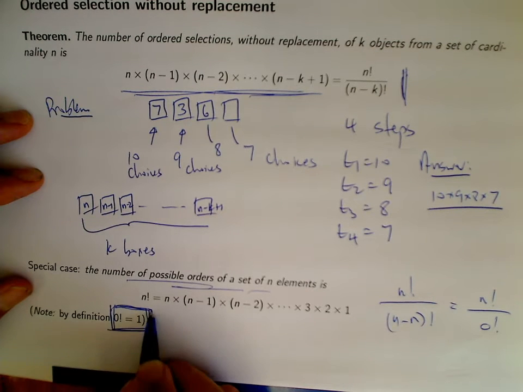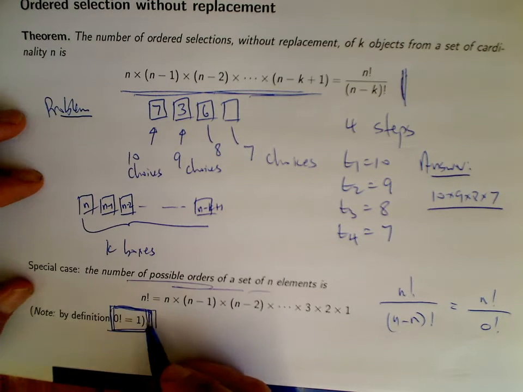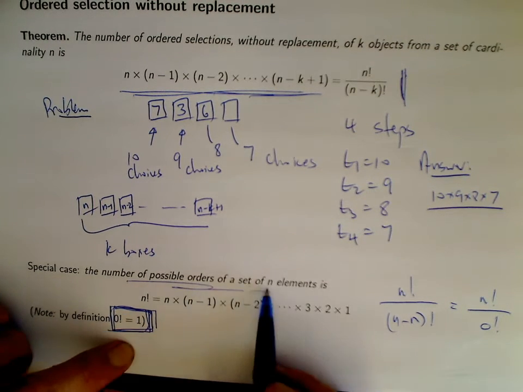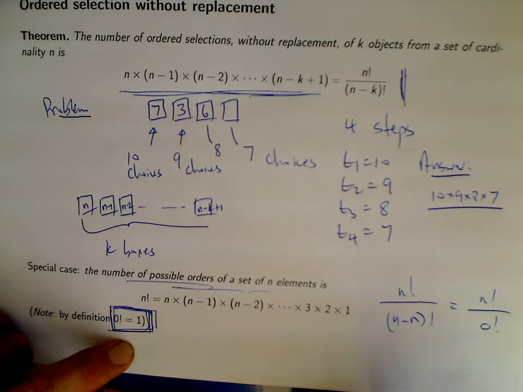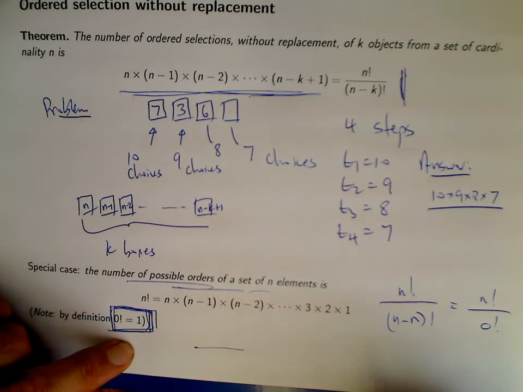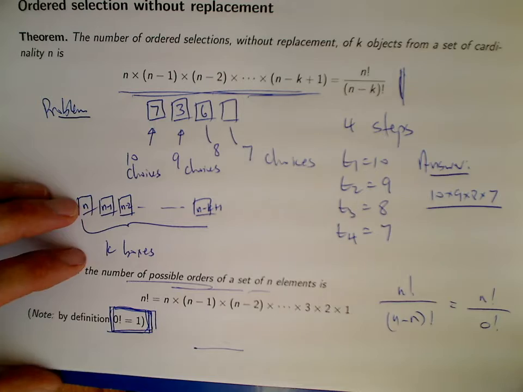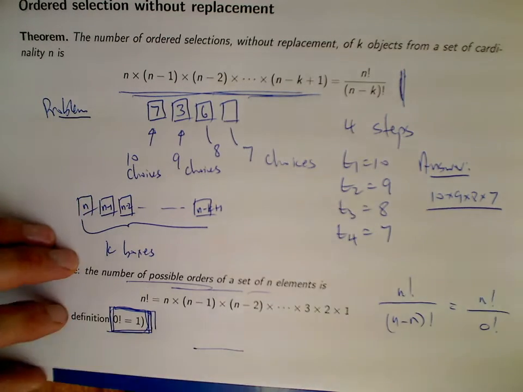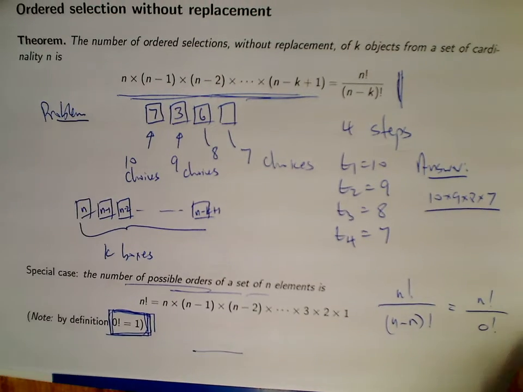And that makes sense because 0 factorial should be the number of possible orders of a set of 0 elements, and there's only one way to order 0 elements, and that's this order right here, where we don't write any of them down. So there's one way to order 0 elements, so it makes sense to say that 0 factorial is 1.